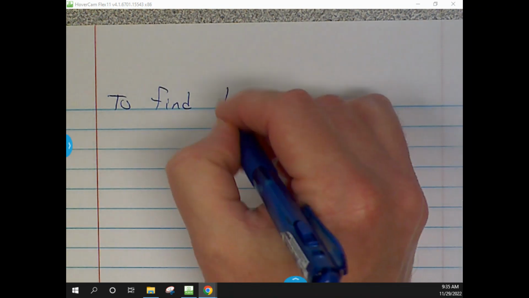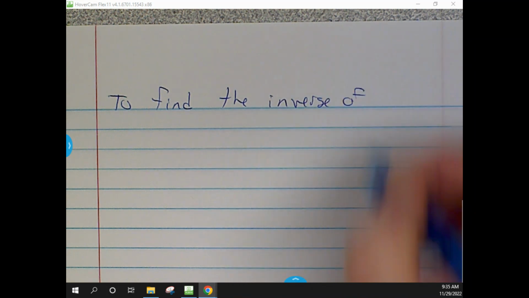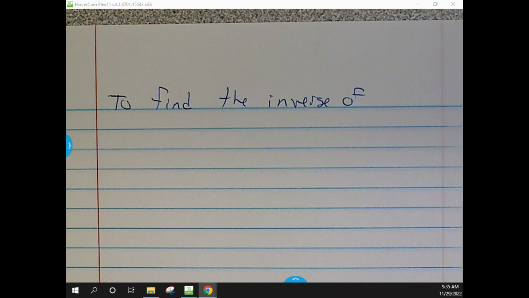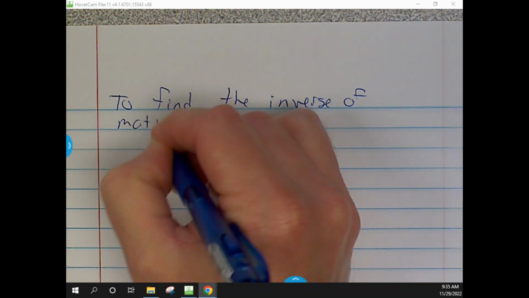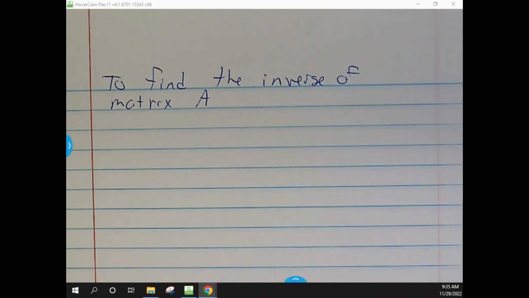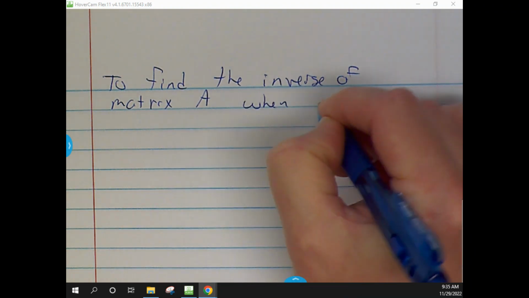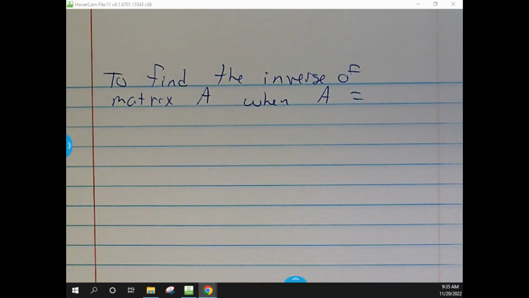This is where we're putting all this stuff together. All right, so to find the inverse, let's just call it matrix A. A stands for any matrix. In this case, we're just going to call it A. Now, I may ask you to find the determinant of a matrix.